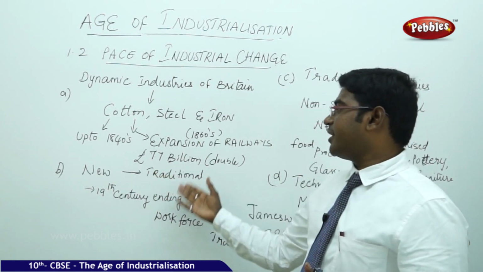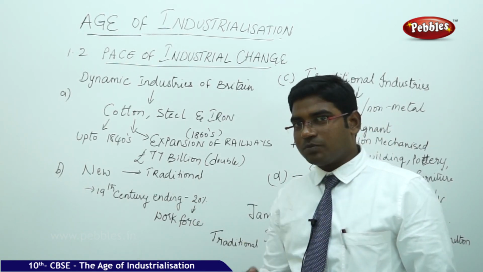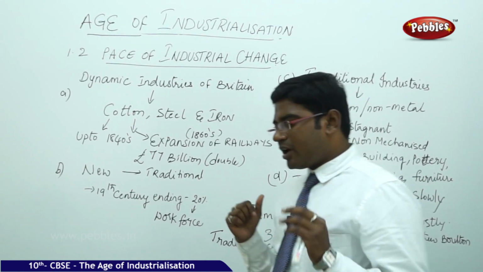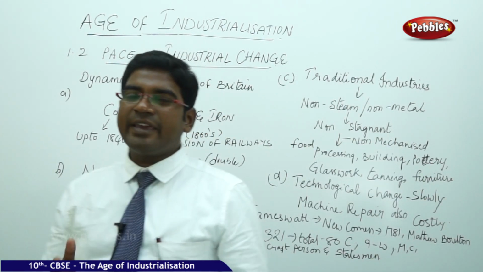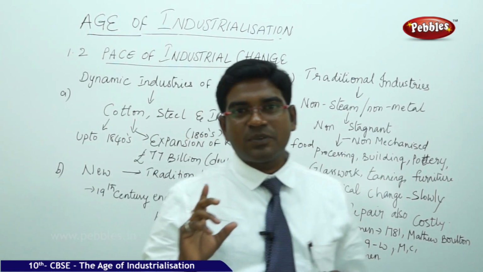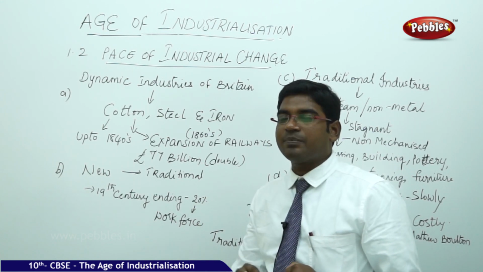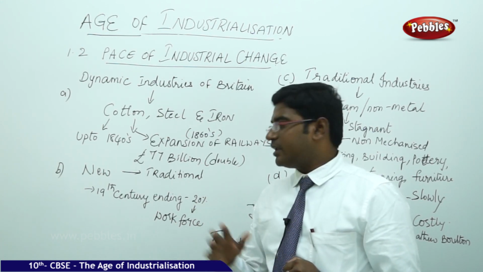The next one is a new traditional one. Even at the end of the 19th century, you could not find many industries taking the initiative to set up modern machinery, because only 20% of them were able to set up by the end of the 18th century and the start of the 19th century.